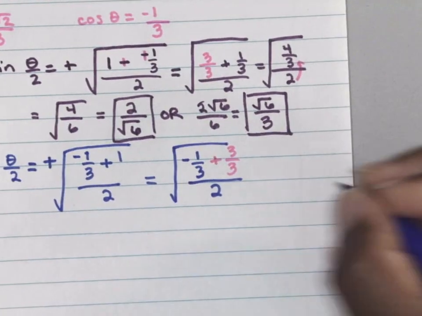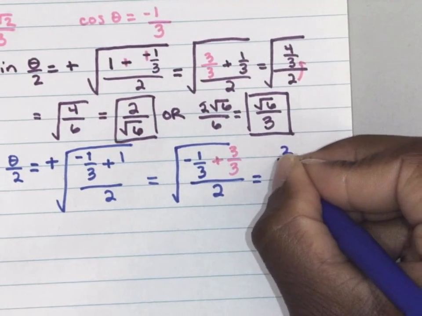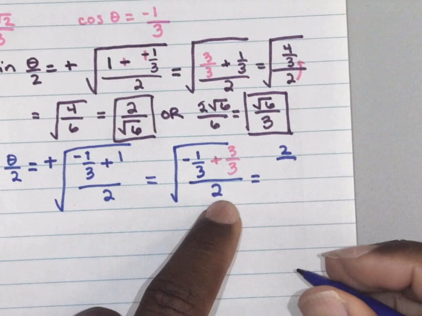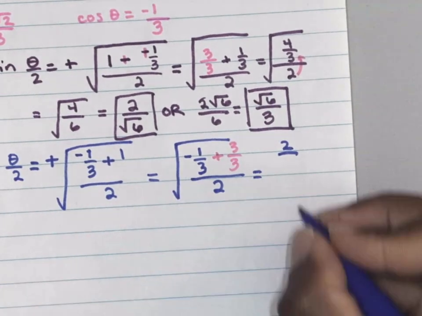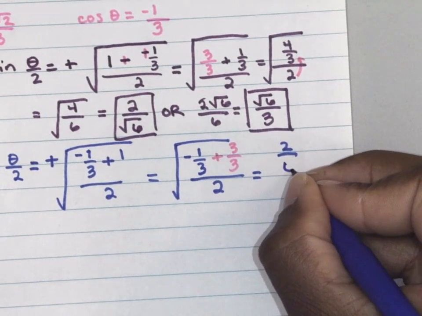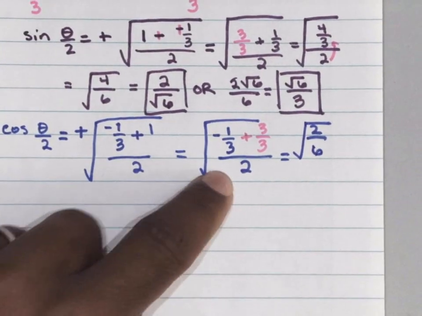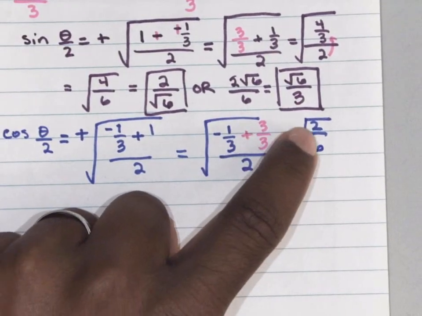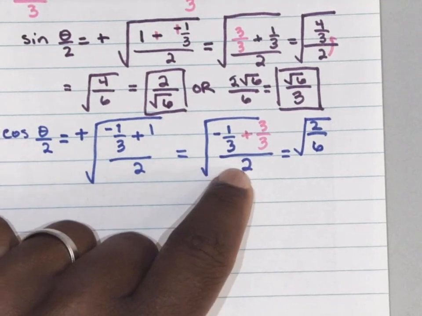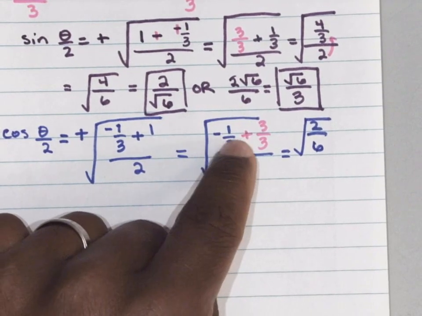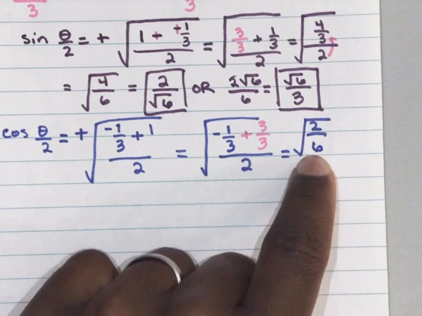Negative 1 plus 3 is 2 over 3, but let's go ahead and multiply the denominators together, so it'll be 2 over 6 inside the radical. And just to be clear, we had 2 over 3 all divided by 2. Went on and just did 3 times 2, which gave us a denominator of 6.